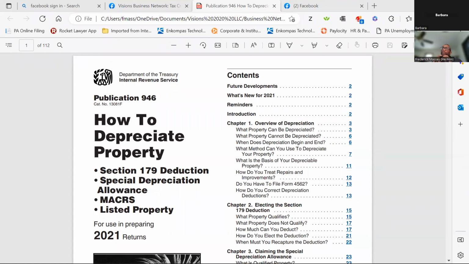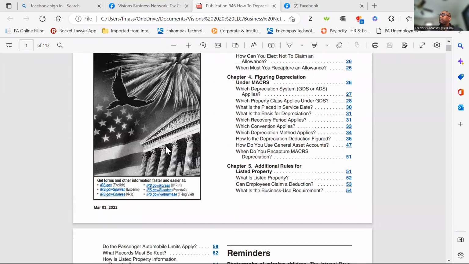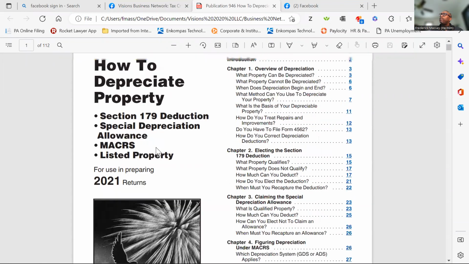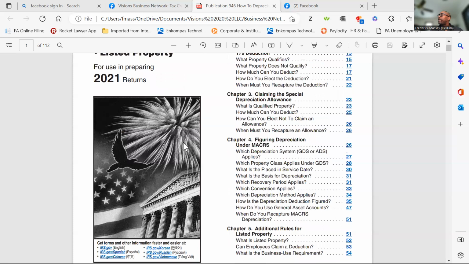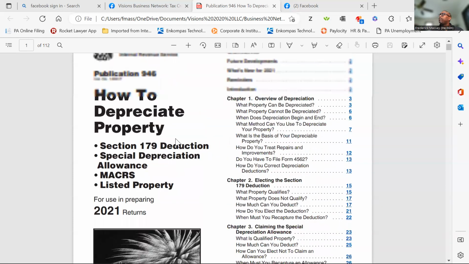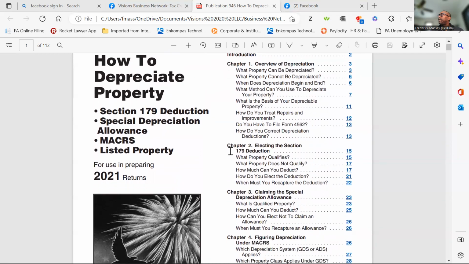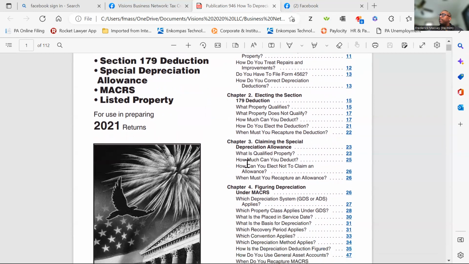Okay, now let's go into two different exceptions that you can use to take the full purchase price in the year that you purchase and deduct that. The first one we're going to deal with is the 179 deduction. If you go to Publication 946 and you see under Chapter 2, election of the section 179 deduction.